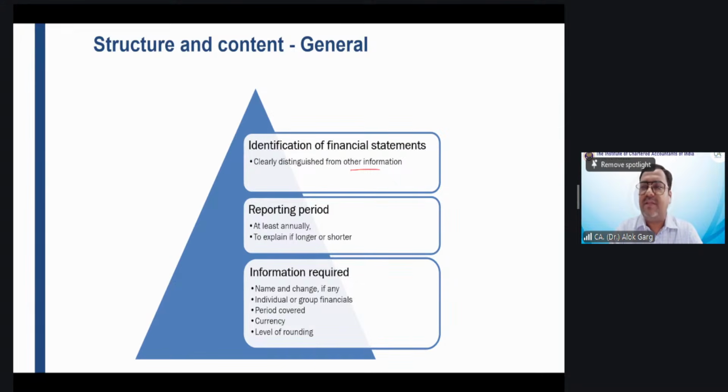You know what BRSR is? ESG report. Then directors' report, MD&A report, CEO speech. A lot of documents and reports are there in the annual report.